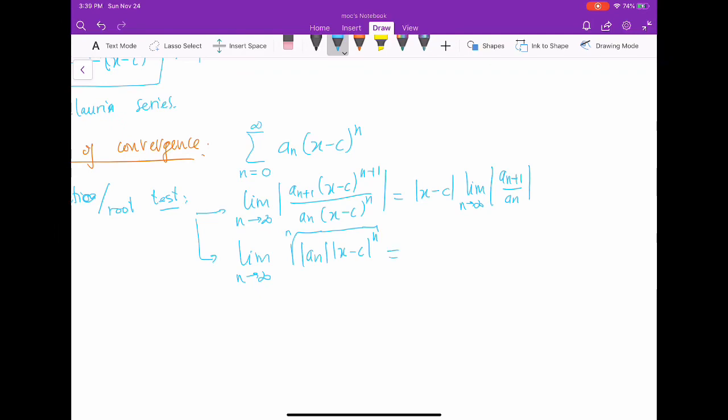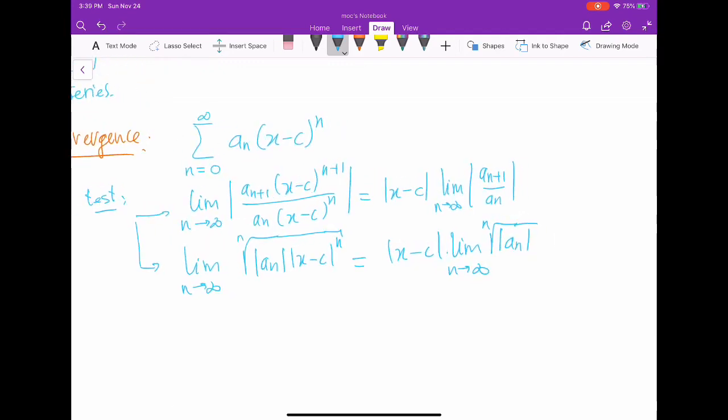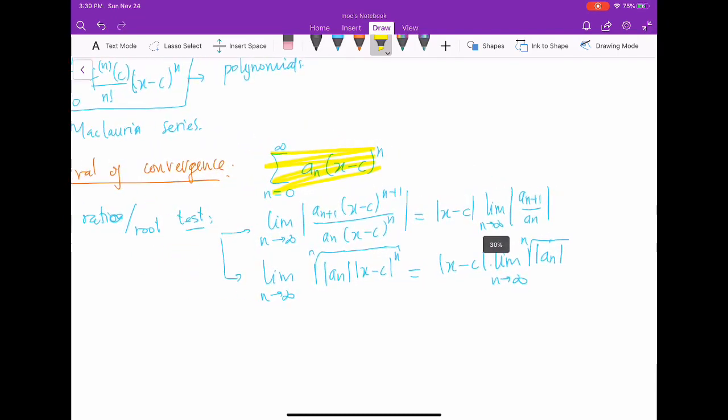That is, again, the absolute value of x minus c times the limit of the n-th root of the absolute value of a_n, as n approaches infinity. So it really depends on your series; you have to decide ratio or root test.